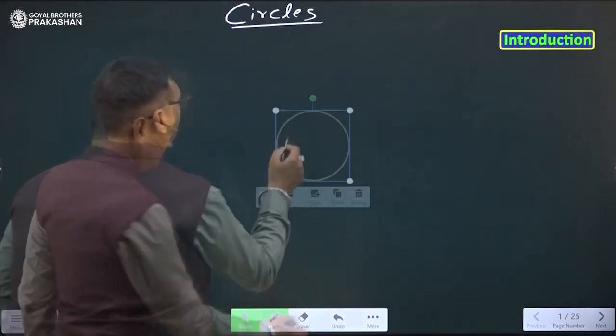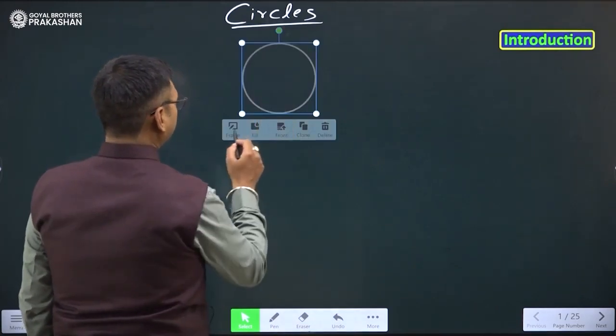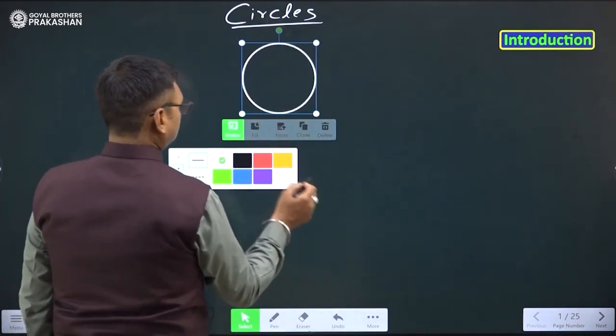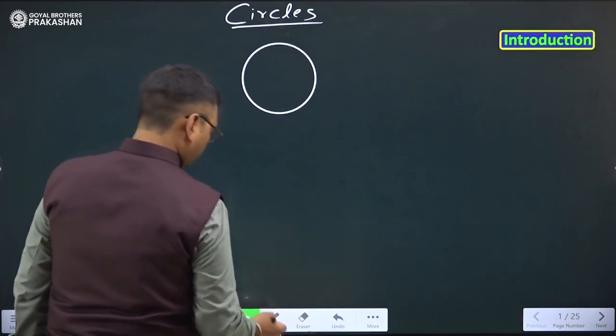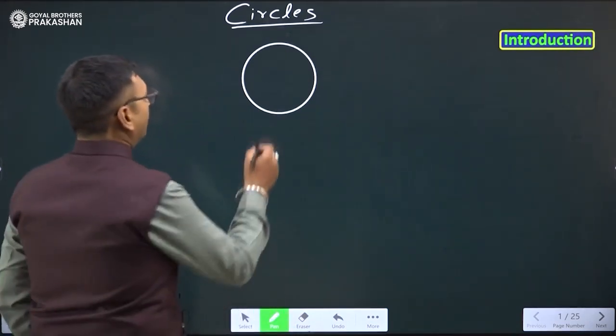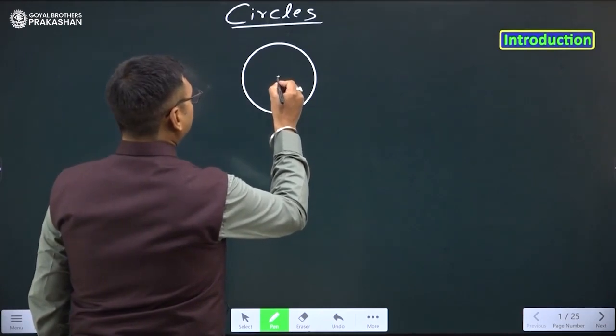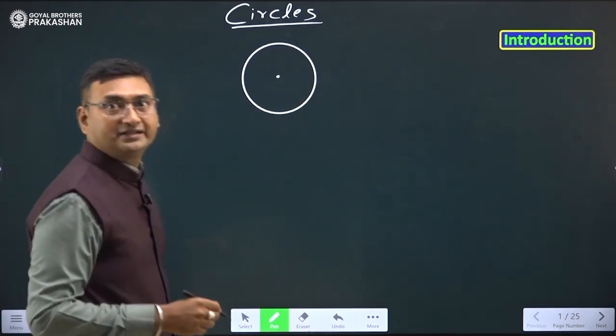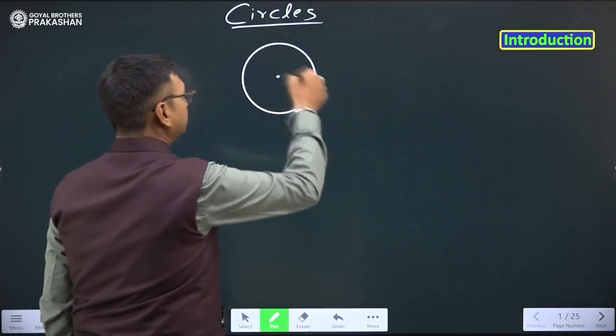Okay. So we have this circle, as you can see. And it is made up of infinite number of points, isn't it? And this is the center, which is at equal distance from the circumference.